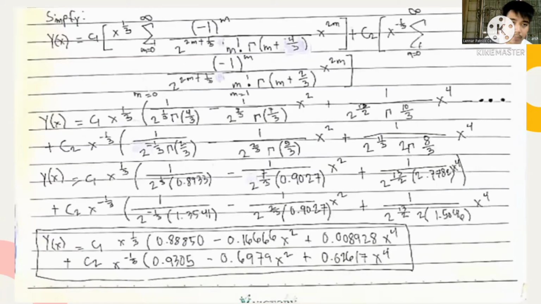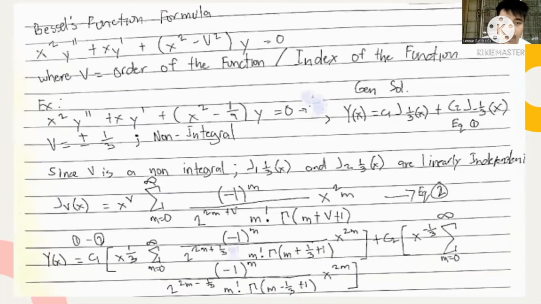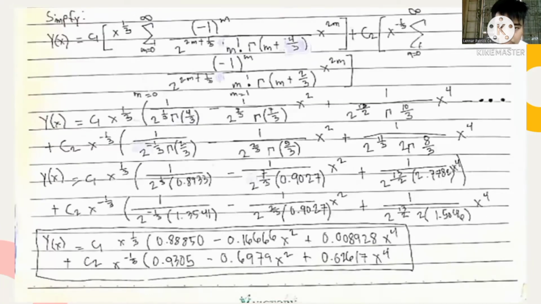Ang susunod na gagawin naman, isi-simplify siya. Yung gamma ng m plus 1 over 3 plus 1, ginawa siyang m plus 4 over 3.